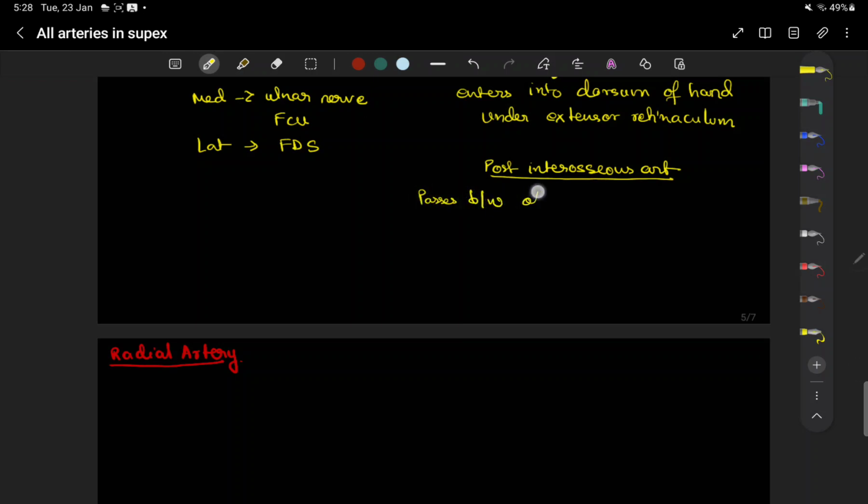So it passes between the oblique cord and the proximal border of the interosseous membrane. After that, it is present behind, in the posterior compartment of the forearm.